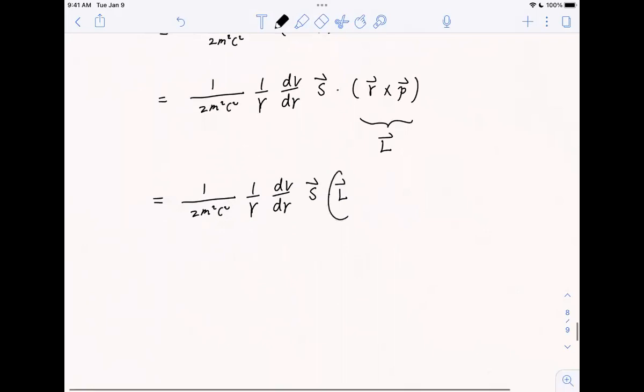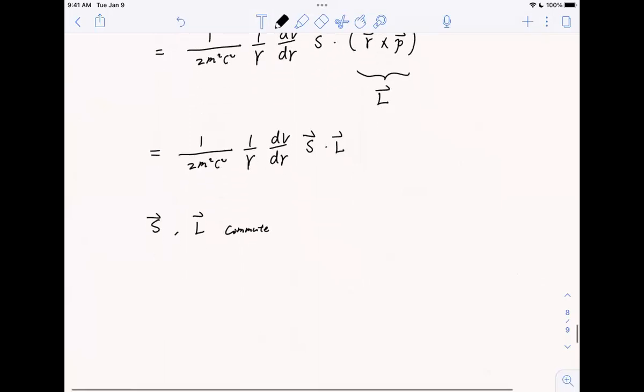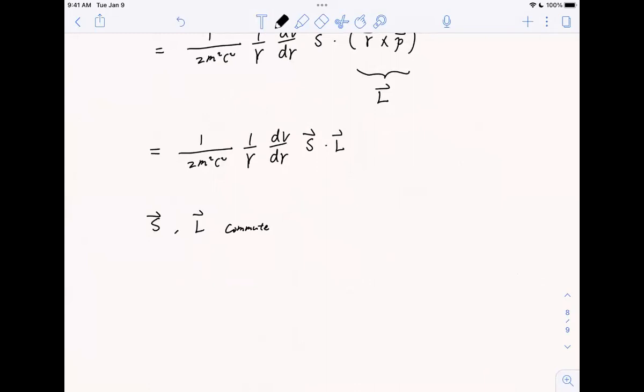So that's why it is very natural that you have angular momentum here. And S and L commute. I mean, they always commute, right? Because they act in different state spaces. S acts on the spinor and L acts on the orbital motion. So they commute.